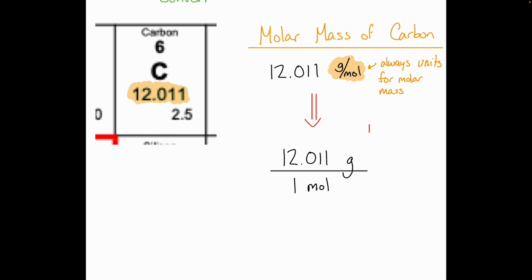This is how we turn our molar mass into a conversion factor. And just like all my conversion factors, I could use it as is or flip it, depending on what my units are telling me to do.